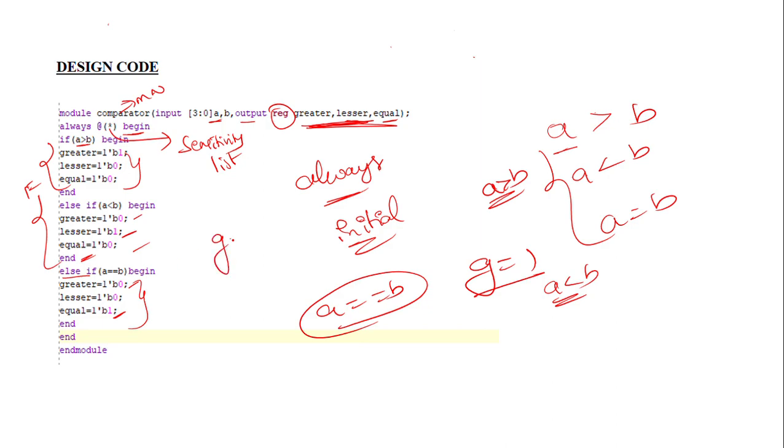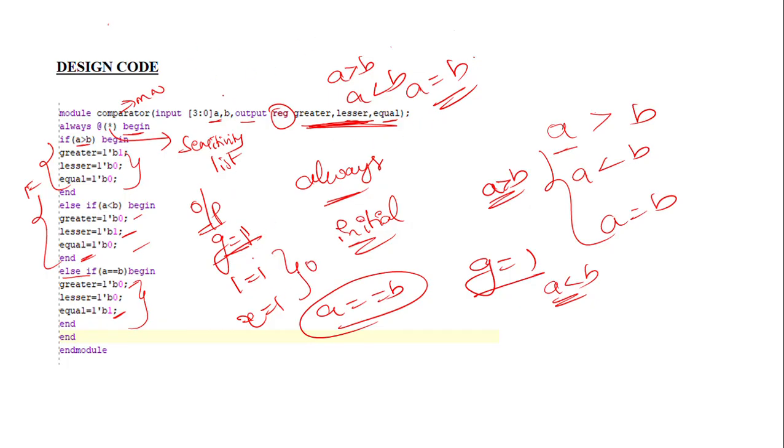So if the output greater value is 1, it means A is greater than B. If the less value is 1, it means A is less than B. If the equal value is 1, it means A equals B. This is our final output. If any one value is 1, the remaining are going to be 0.